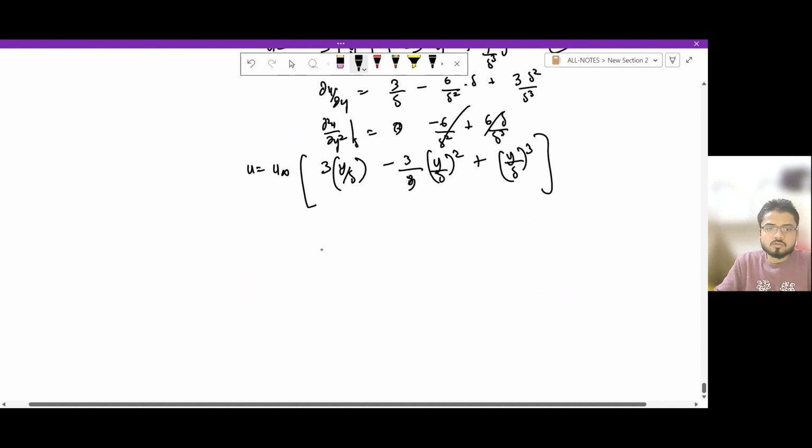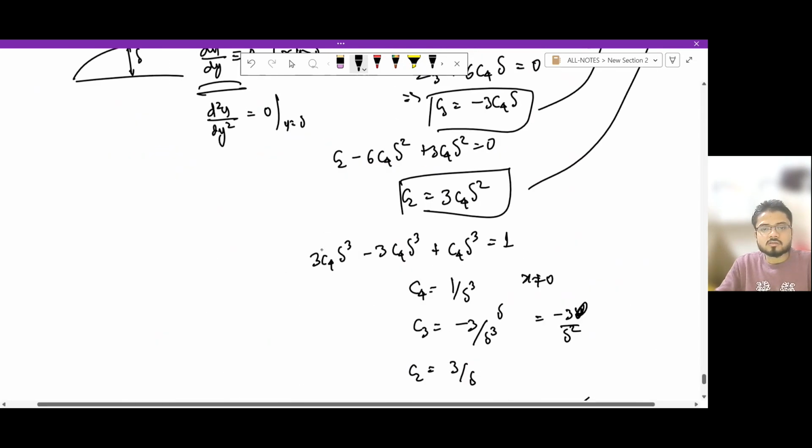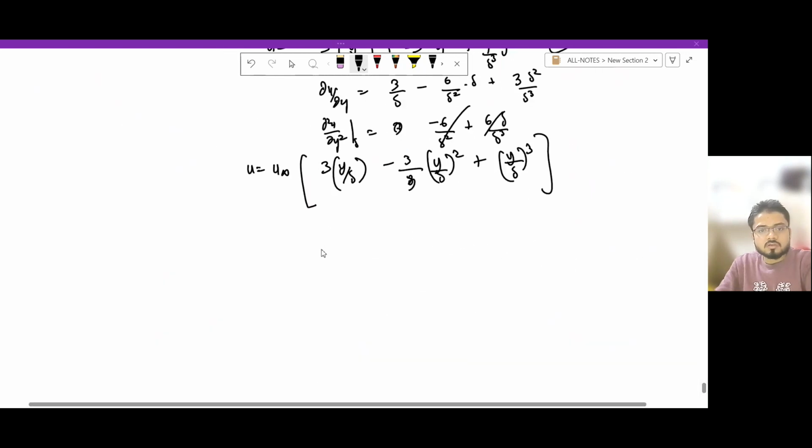Okay, so this is U. Now you need to substitute U as a function of U infinity right here and solve for all these things. So effectively what would happen is that the final result that you'd get, I'll just write the final result here.